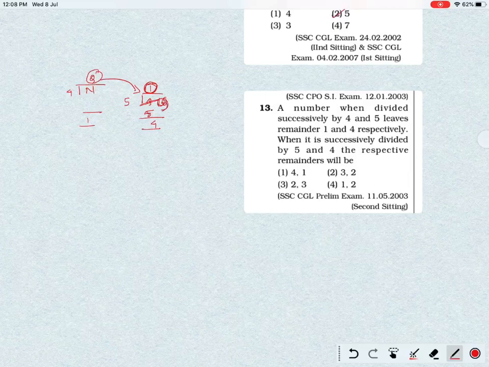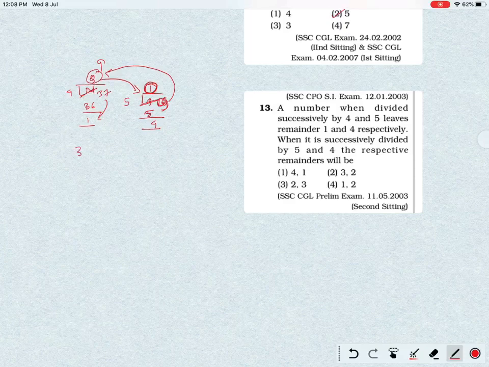Now this 9 will again go here. 9 4s are 36, plus 1 makes 37.